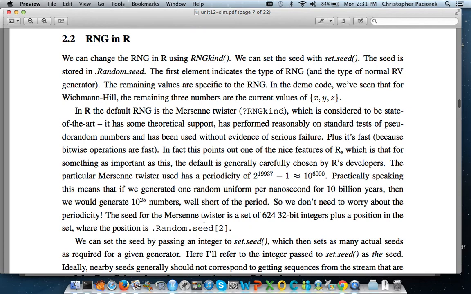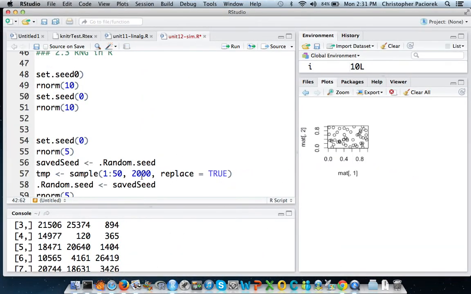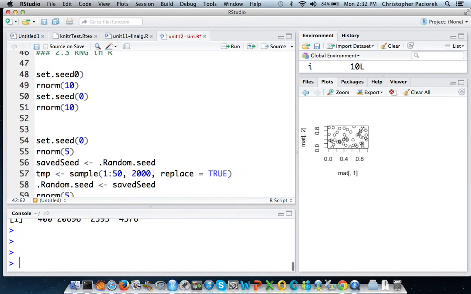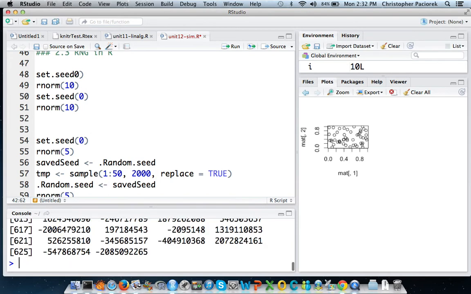The other thing about the seed is that the seed for the Mersenne Twister is a set of 624 different integers. For the Wichmann-Hill, we had 3 values serving as the seed. For the Mersenne Twister, it's rather more complicated. We have this whole set of a very large number of integers serving as the seed. If we look at this, we'll see indeed that there are 625 values in here.